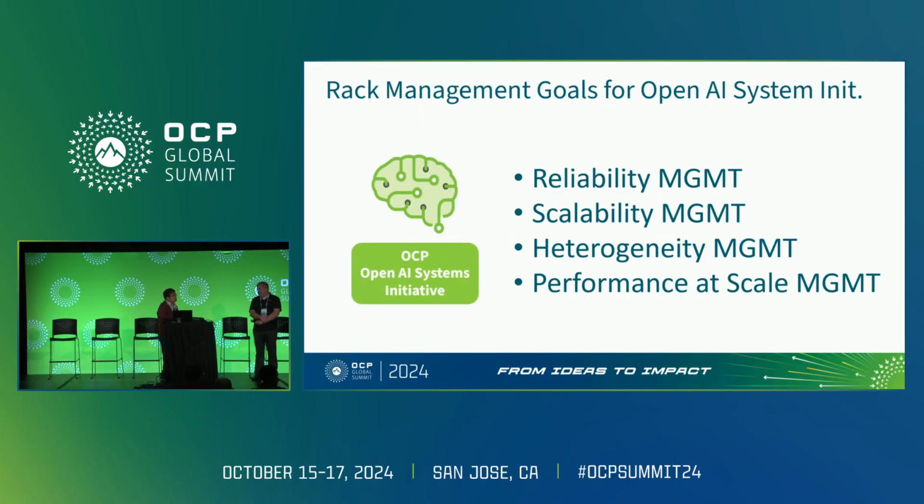This is our goal to redefine the recommendation goals. There are four categories we have to address. The first one is reliability management. Reliability is now one of the most critical things we have to deal with in AI infra.